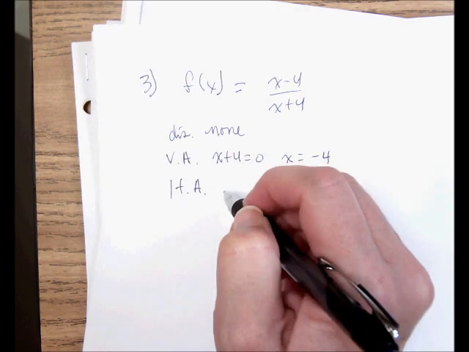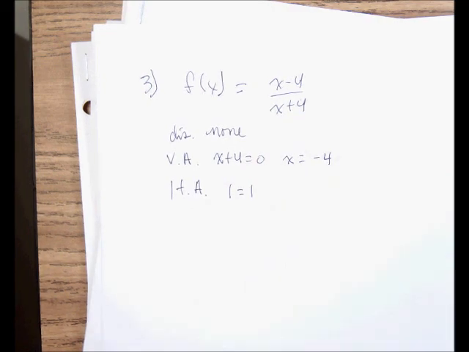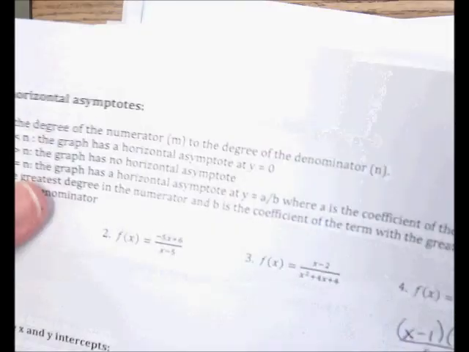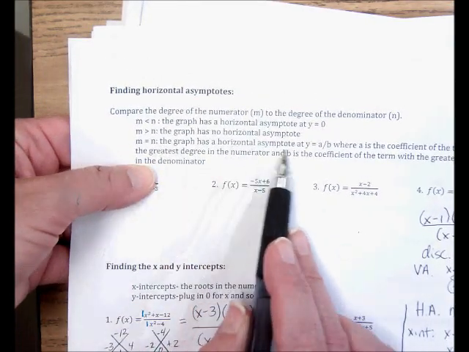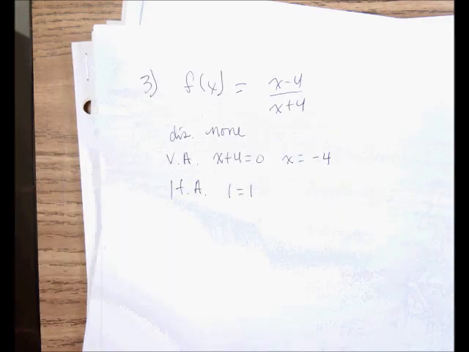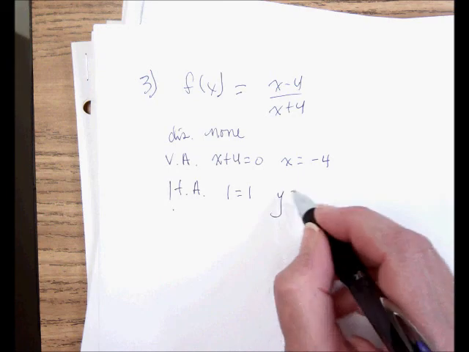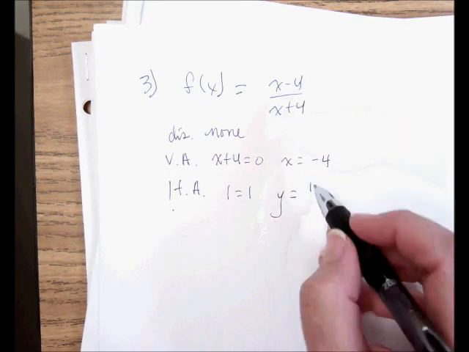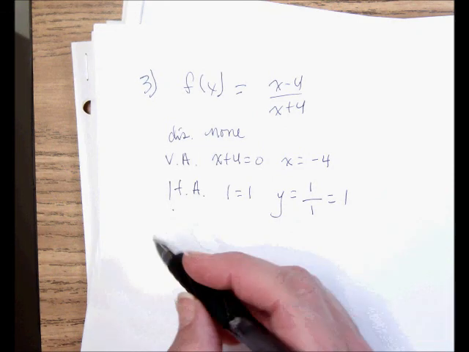Horizontal asymptote: 1 is equal to 1, the degrees are equal to each other. So I look at which situation applies, and it says the horizontal asymptote is at y equal to a over b. So y is equal to the leading coefficient of a over the leading coefficient of b, so y is equal to 1.